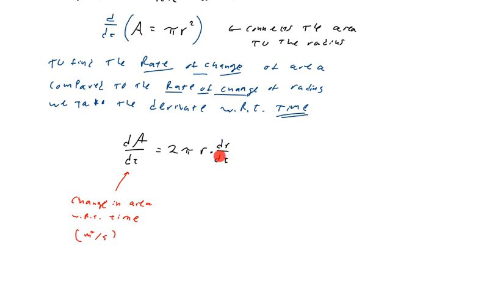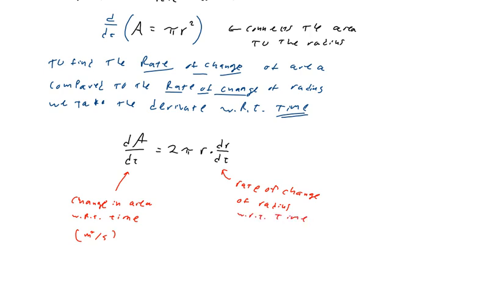Right? Just like we had in our implicit differentiation, same thing. We have this dr/dt term here, which represents the rate of change of the radius with respect to time.